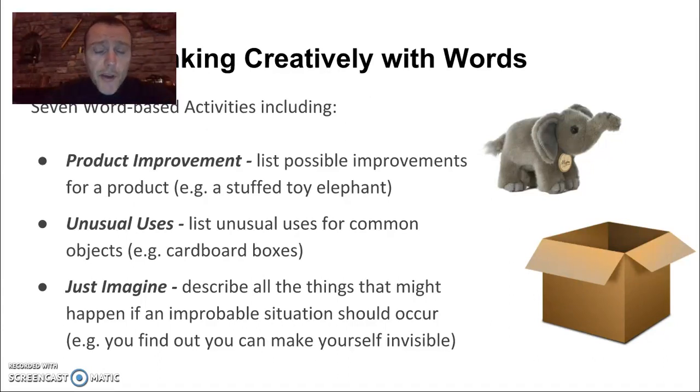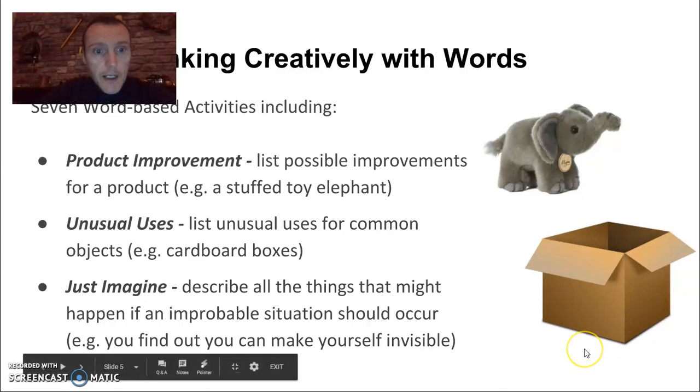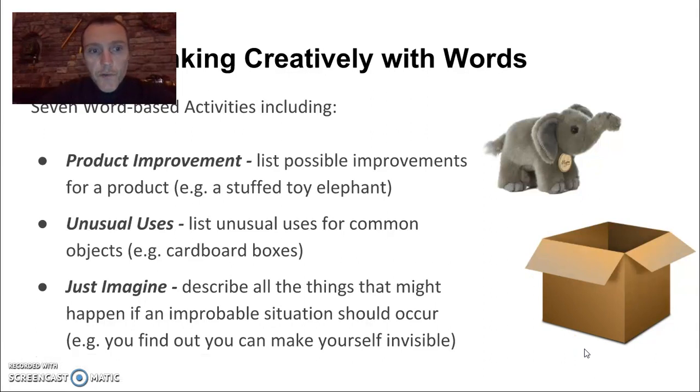So, for example, you're given a product like this stuffed toy elephant, and you're asked, how could you modify, change, adapt this product to make it better, to improve it? Another task is unusual uses. So you have a cardboard box here, and you have to come up with as many unusual uses for the box as possible.